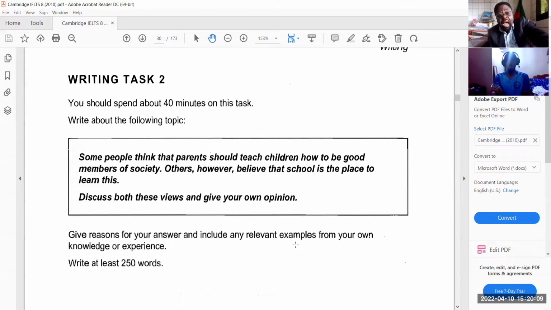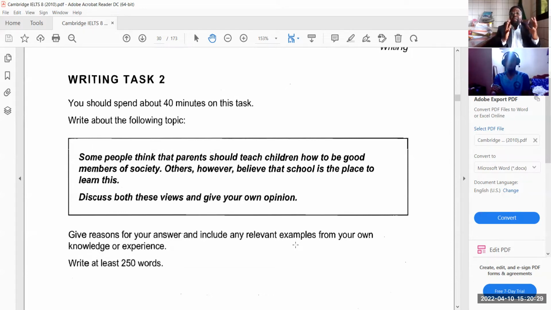Your task is half inside this box. That is half of it. The other half is down here. You have to give relevant examples. You have to justify your answers.